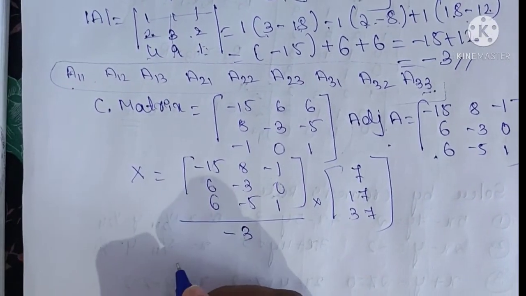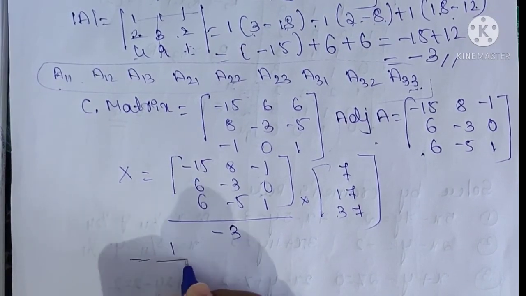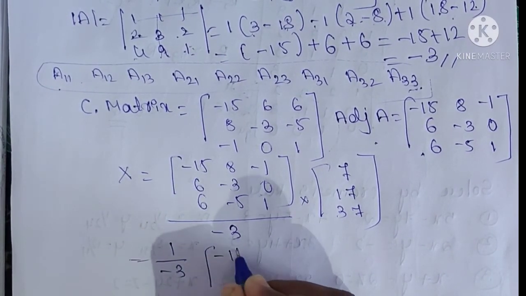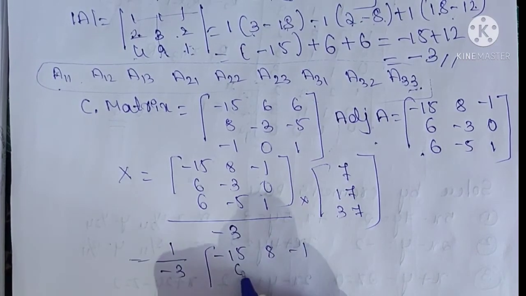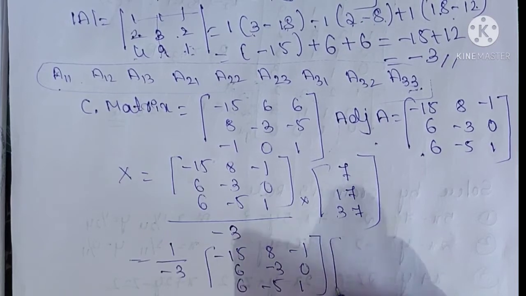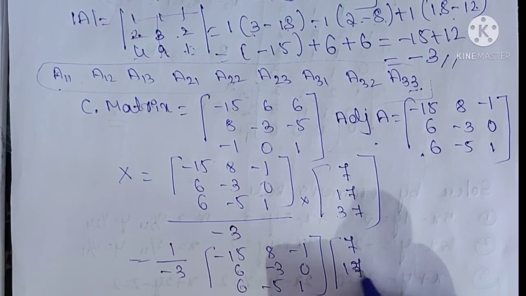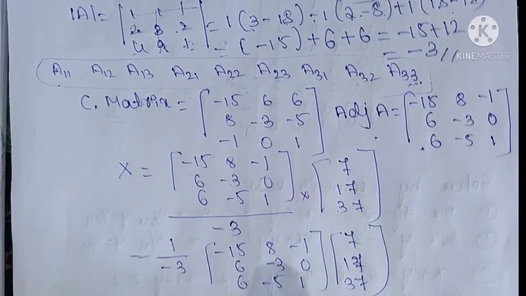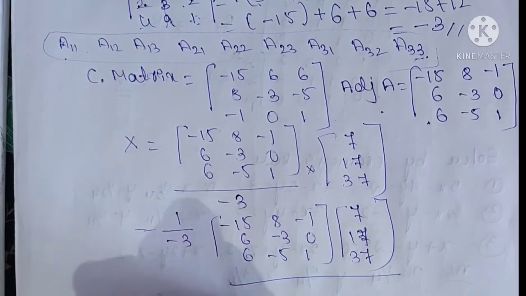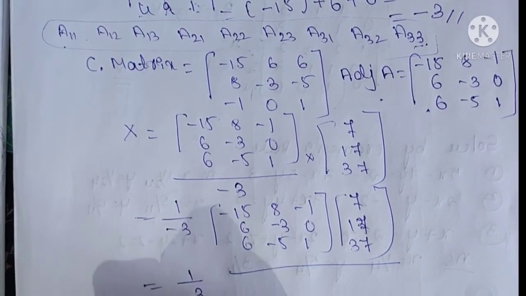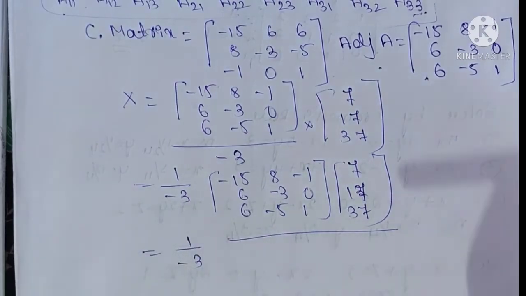Now this we can also write as 1 divided by minus 3 into the matrix minus 15, 8, minus 1, 6, minus 3, 0, 6, minus 5, 1 into 7, 17, 37. Now matrix multiplication: 1 by minus 3 as it is.